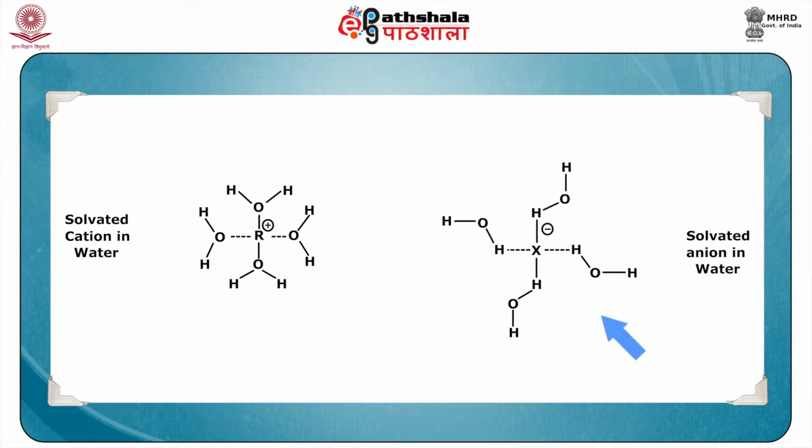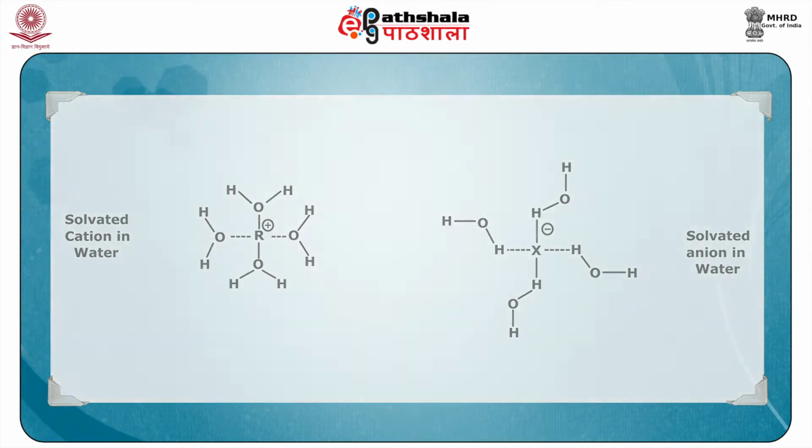This is how the solvated cation appears when water as solvent is surrounding it, and you have the solvated anion where the water is surrounding it. So, when it is a solvated anion, obviously the H, which is the delta plus part of the water, will be interacting, but when it is the solvated cation, then the O through the lone pair will be solvating.